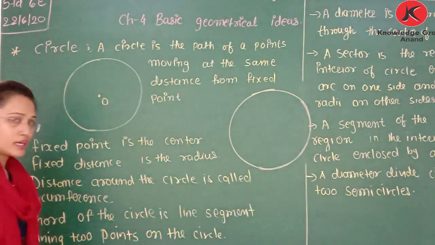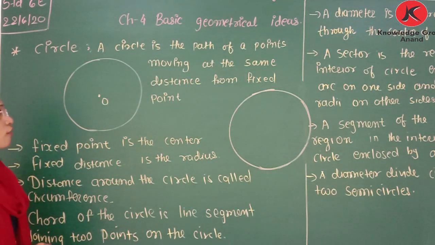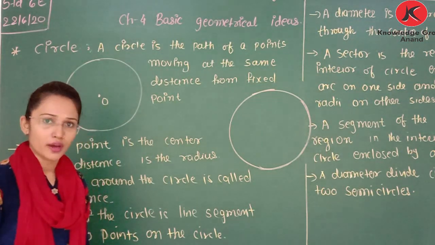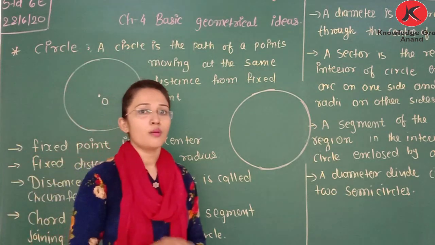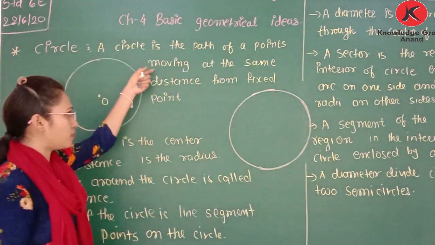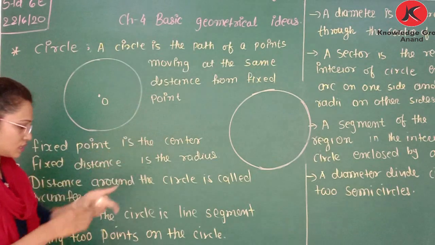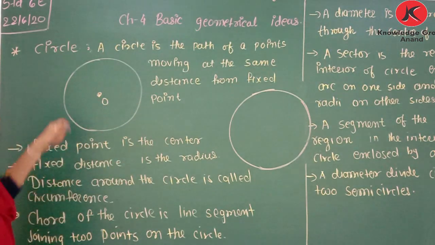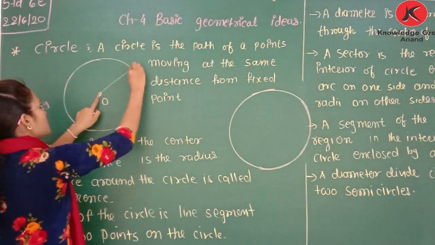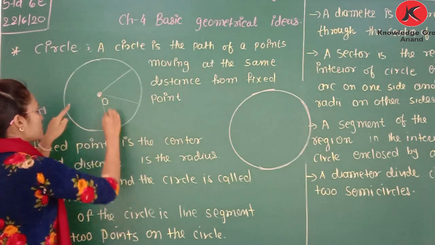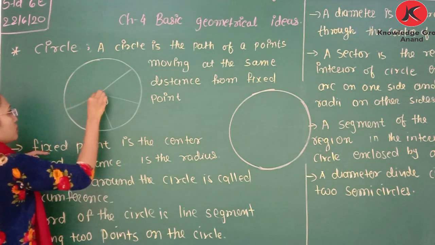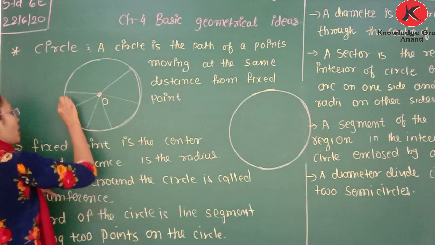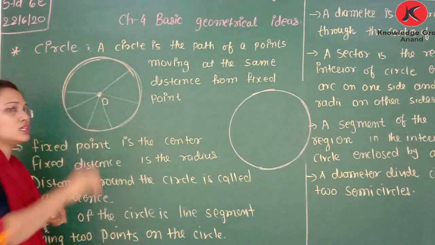If we take this as a fixed point and move with the same distance, all these distances are the same. So if we move the path with the fixed point and same distance, we get the circle.